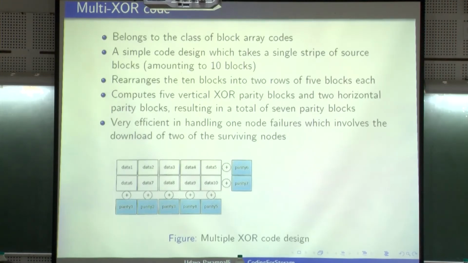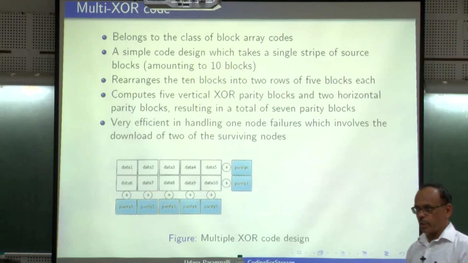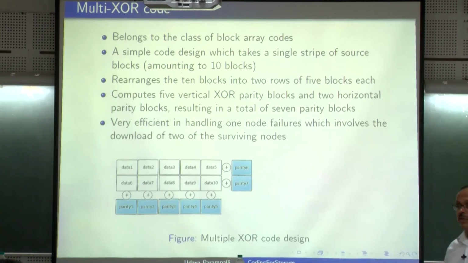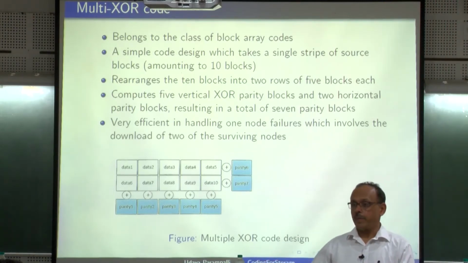I'm not going to go into detail on this, but everybody is clear about it now. The MXR code basically has 10 data blocks and parity blocks. What needs to be kept in mind is that each one is a node, and when a block is written into it, the stripe that you look for is a single horizontal stripe of 17 nodes, of which 10 are data blocks and 7 are parity blocks.